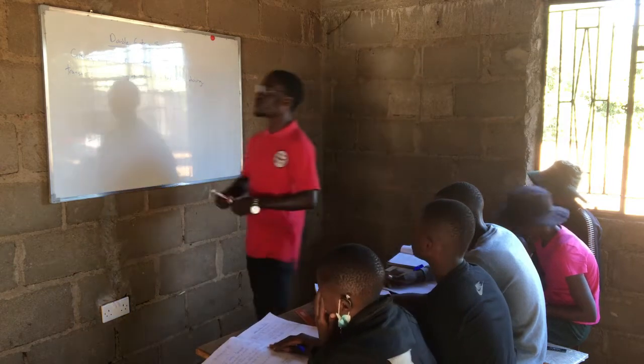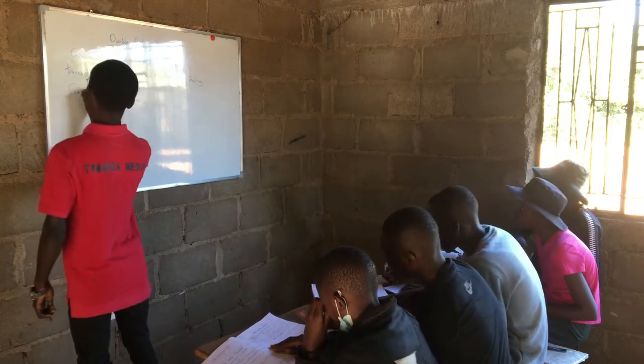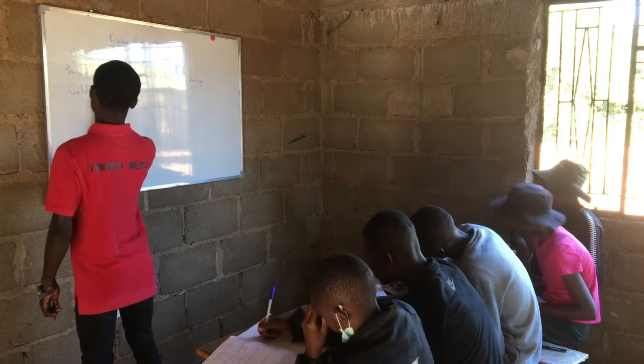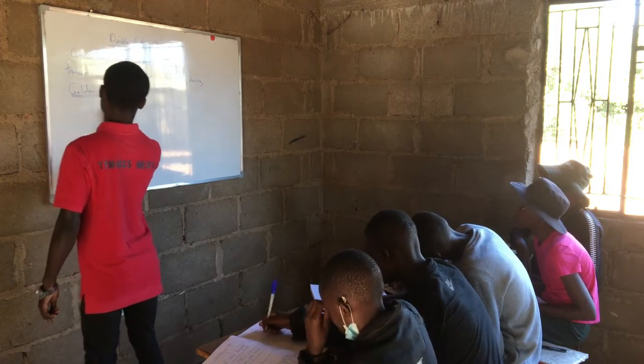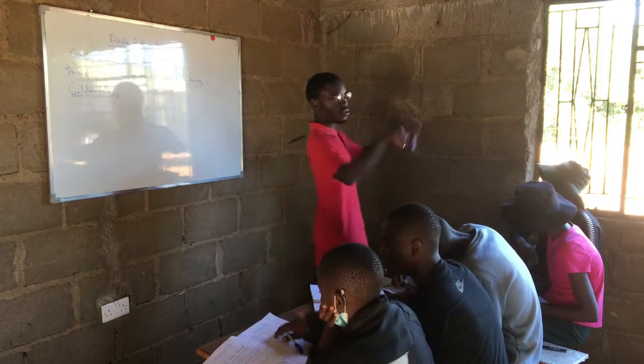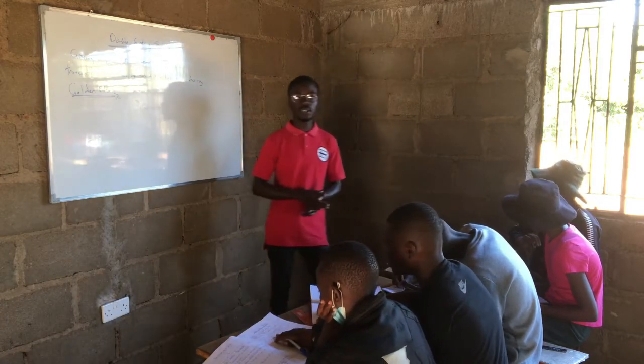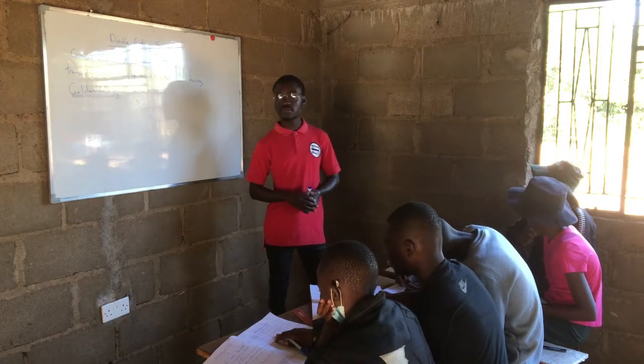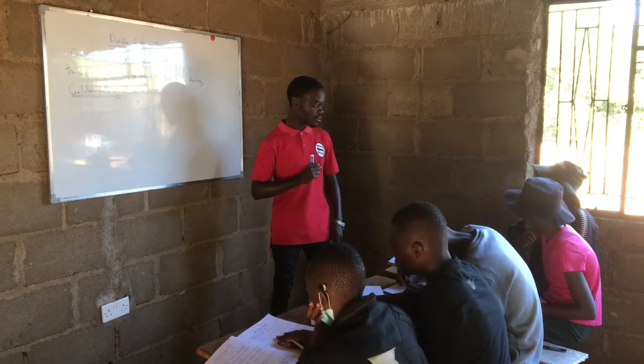So we have what we call the golden rule of double entry. What is the golden rule of double entry? It's the rule that defines the double entry system, and it is very important.